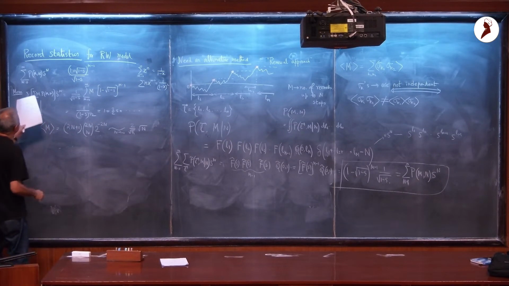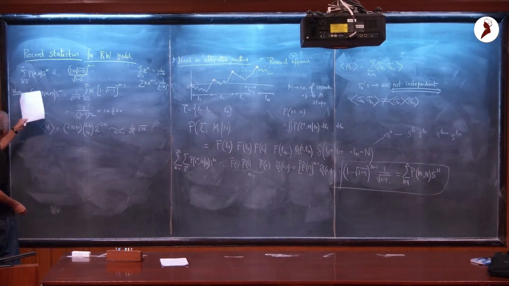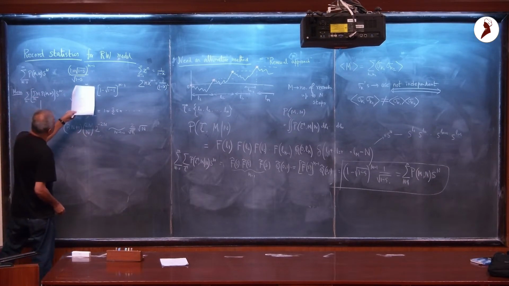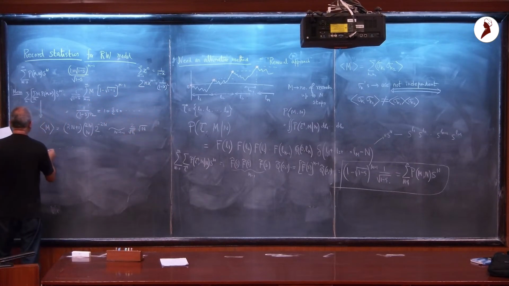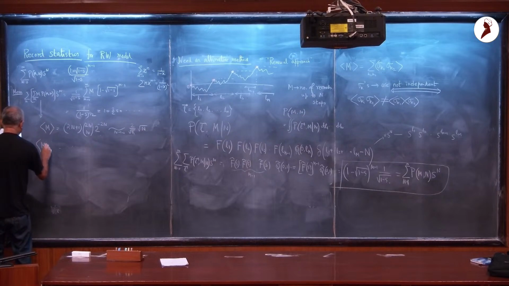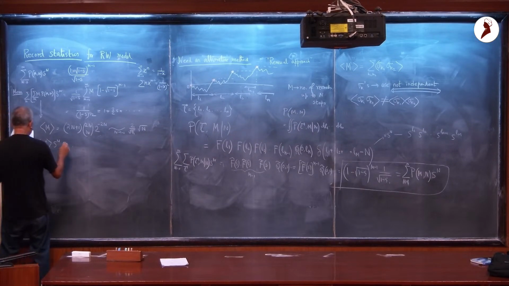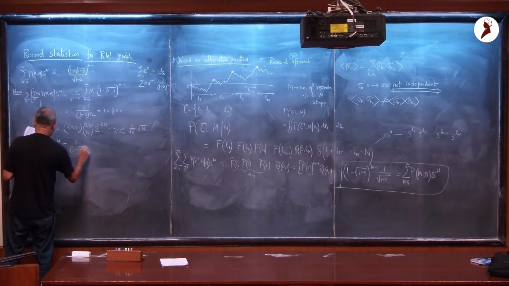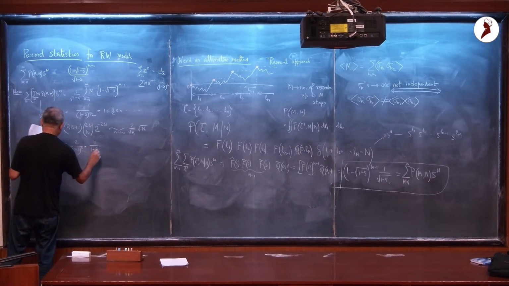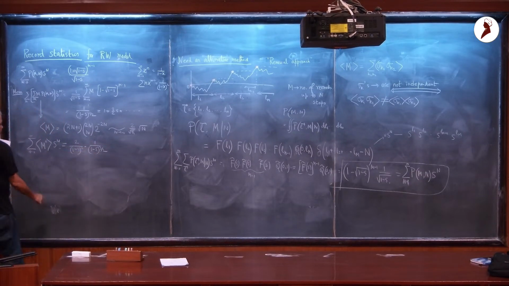Okay. And now you can easily calculate the variance. For the second moment, you just have to multiply by m squared. So that will be m squared there. And again, you can do this series, take one more derivative. I will not do it in detail, but anyway, you can easily check. So again expand in s and read off the coefficient of s to the power n.